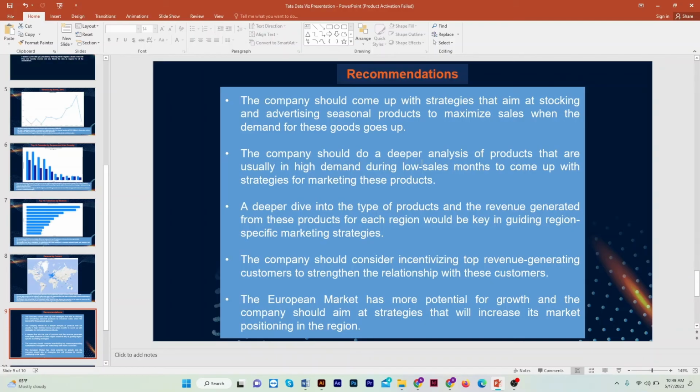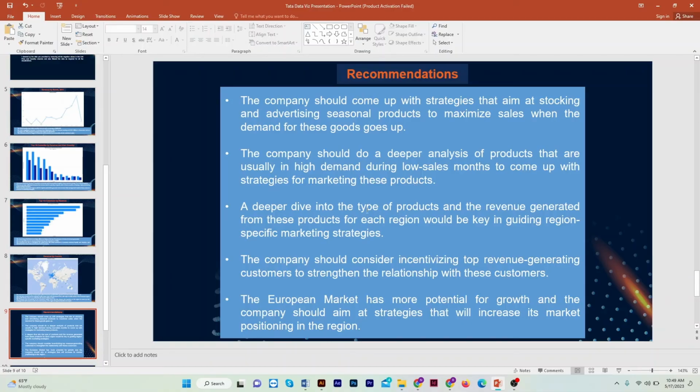So these analyses can be key to come up with strategies for marketing these products that sell during these low sales months. And then the third recommendation is that the company should also consider doing a deeper dive into the products and the revenue generated for each region.